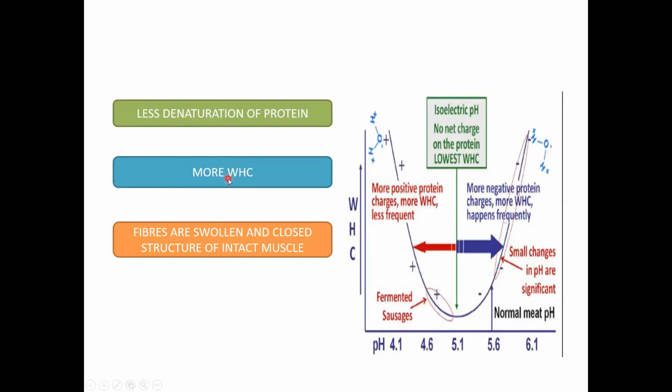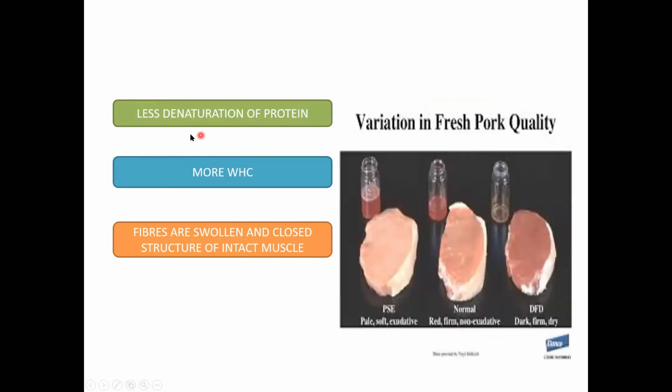Since it has more water holding capacity, the fibers are swollen and form a closed structure of intact muscle. And this is in the normal muscles, where the ultimate pH is 5.4 to 5.6. So here you can see the fluid is not coming out.